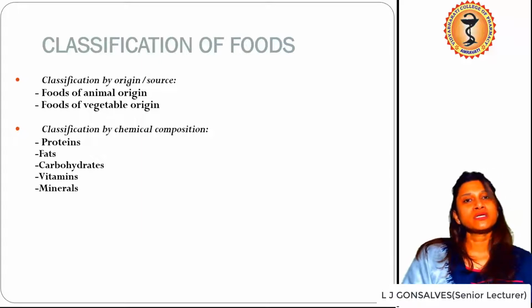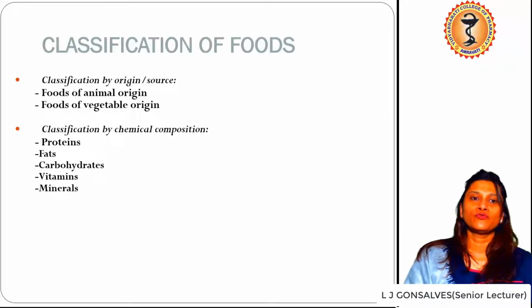The first class is again subclassified into two classes, that is foods of animal origin and foods of vegetable origin. The foods of animal origin are milk, meat, poultry, egg, fish, whereas foods of vegetable origin are the various vegetables which we take in our diet.